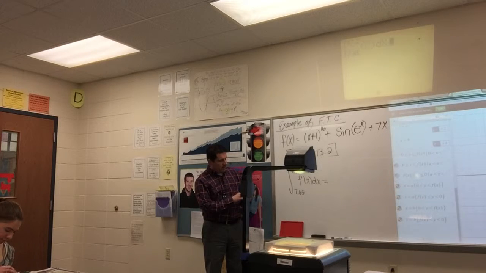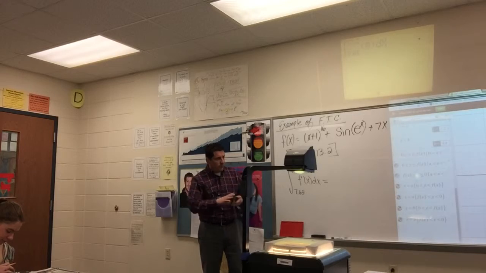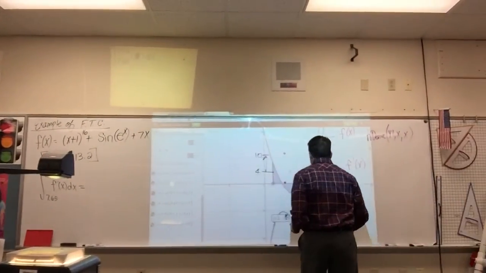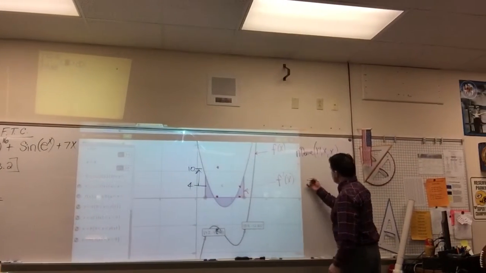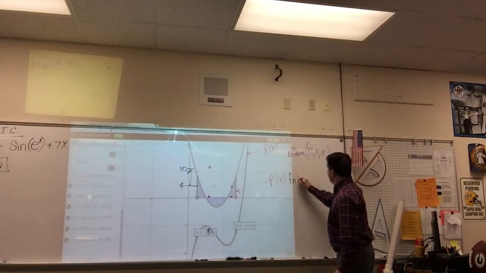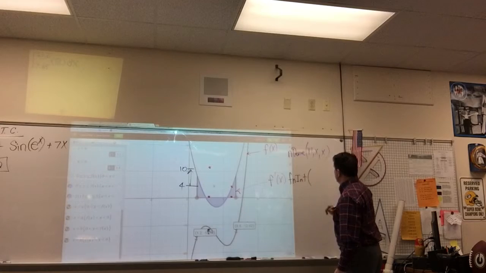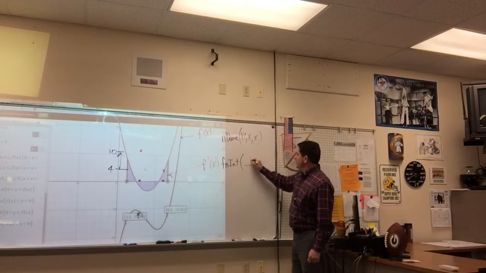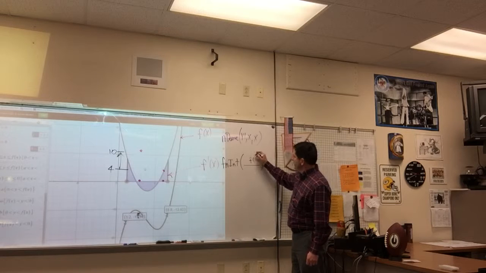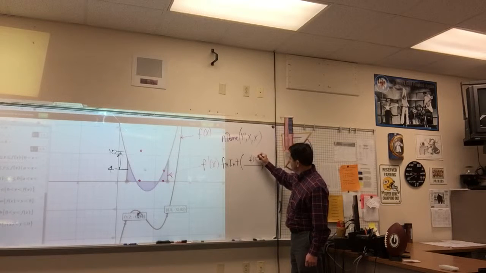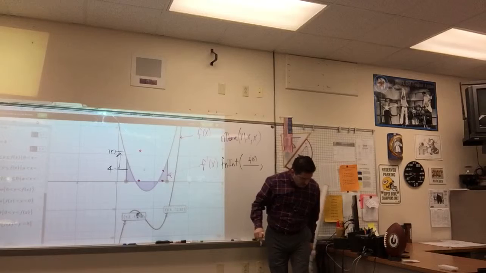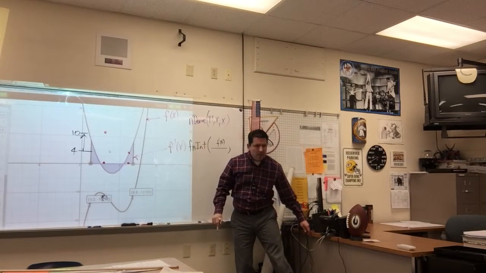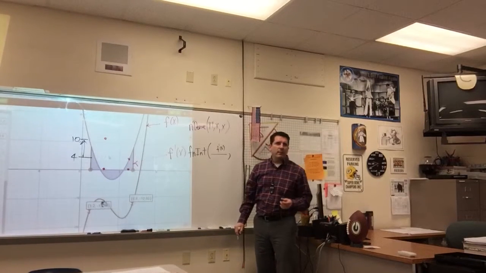For the people who don't have this, this is what you're going to type: FNINT. The first parameter is the function, and it's the derivative of the function. So that's what we have to watch out for. You know what we should probably do is use y1 and y2.